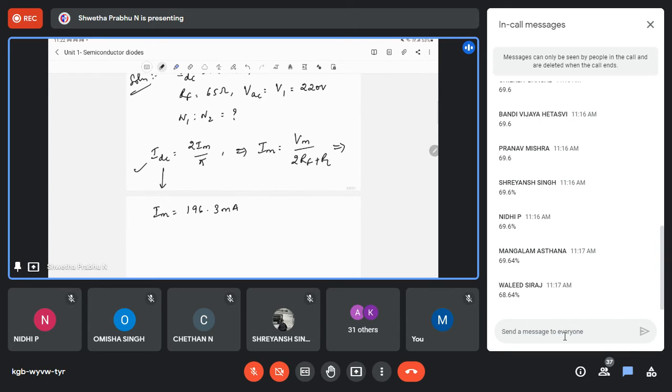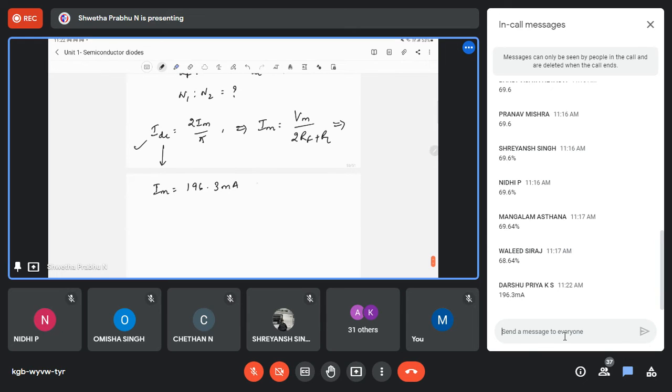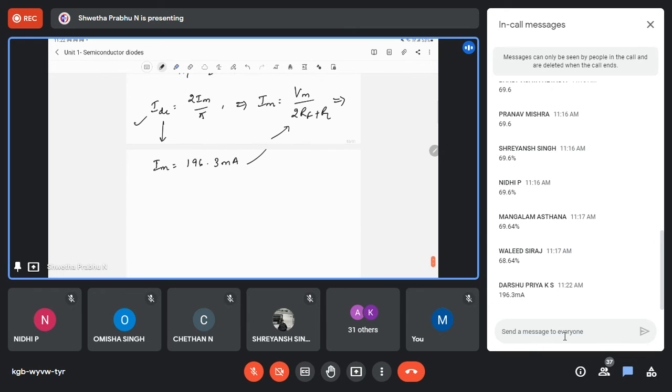Okay. So now you substitute in this equation and get me the Vm value.